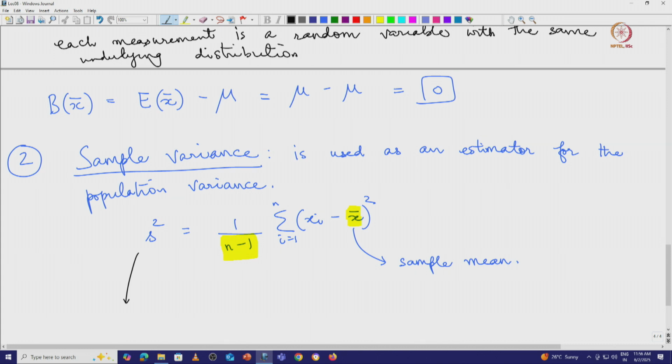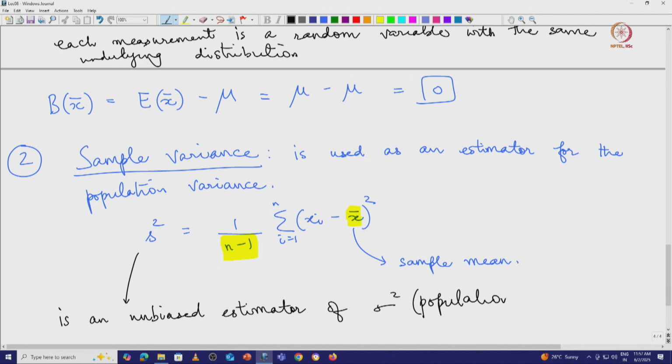So, this S squared, the sample variance, is an unbiased estimator of the population variance. And that is the reason why we have n minus 1 in the denominator of the sample variance.